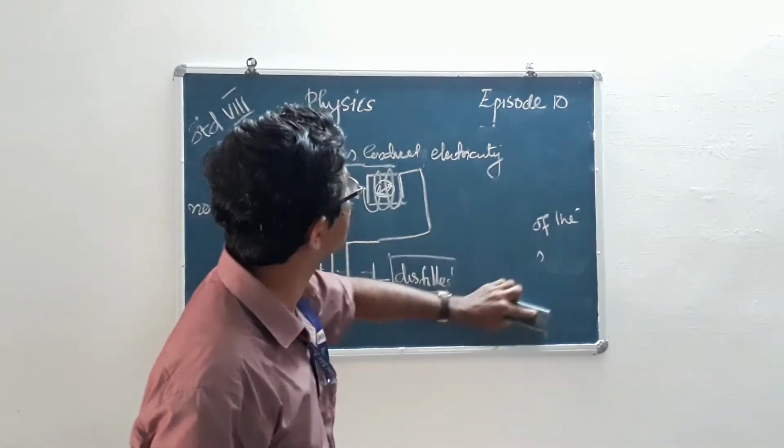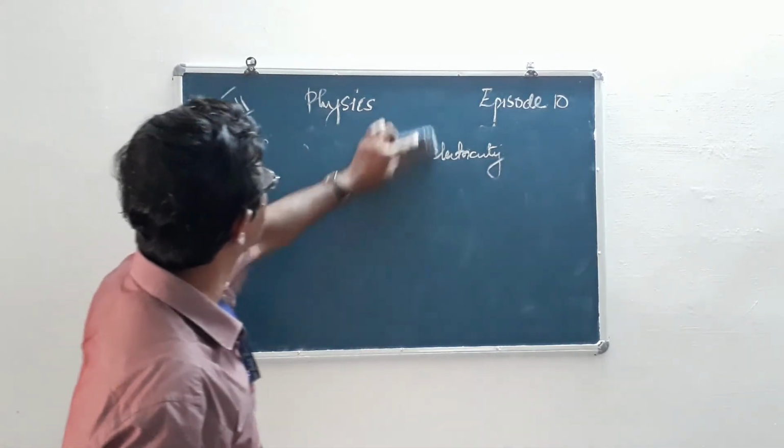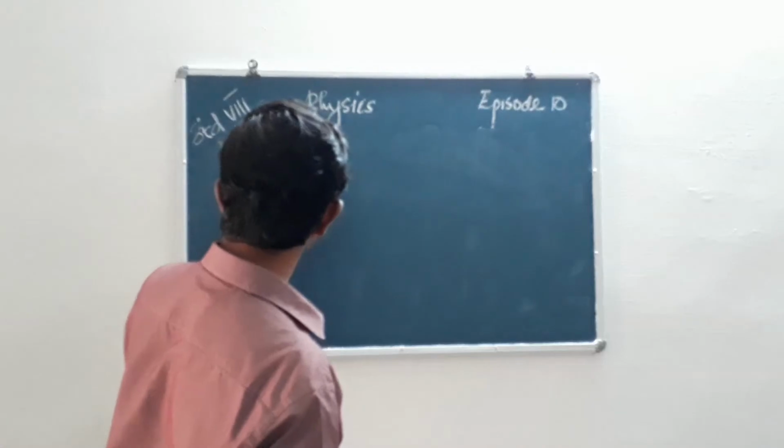Now we want to find out which substances, when added to distilled water, make it a conductor.